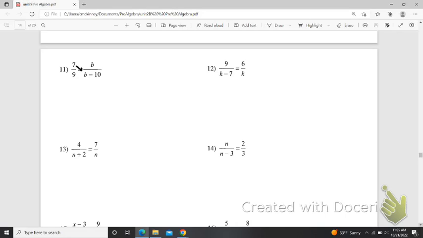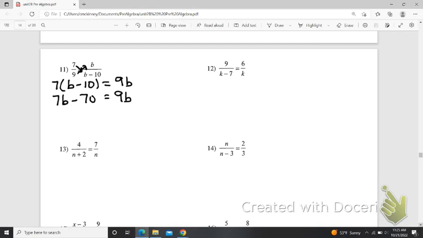So remember, this is cross multiplication, so we're going to crisscross. So I'm going to go 7 times b minus 10 is equal to 9b. So the equal sign is between the cross products. So this then distributes 7b minus 70 is equal to 9b. And then I need to get my variables on the same side.